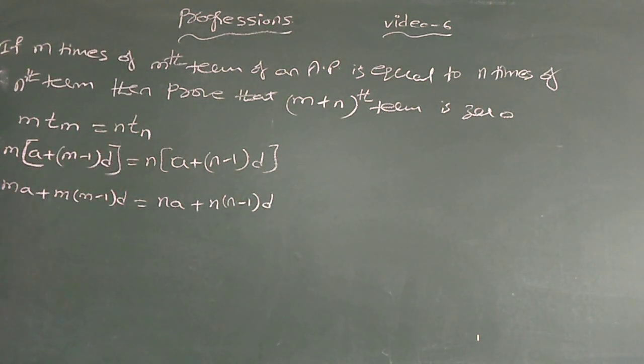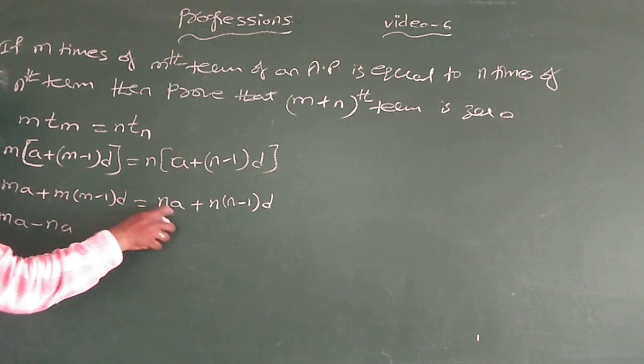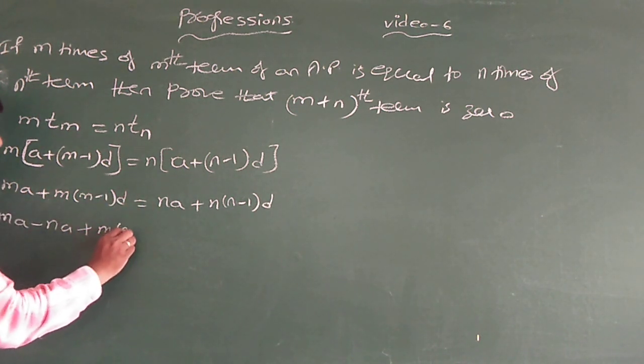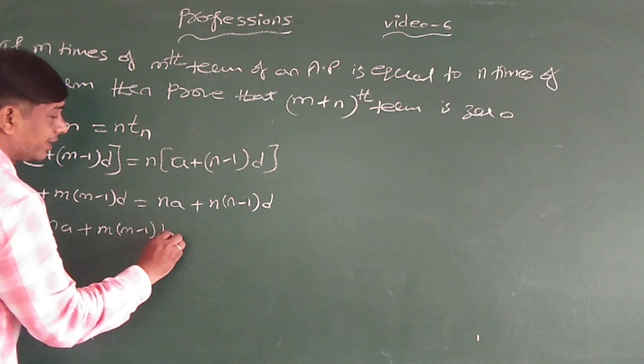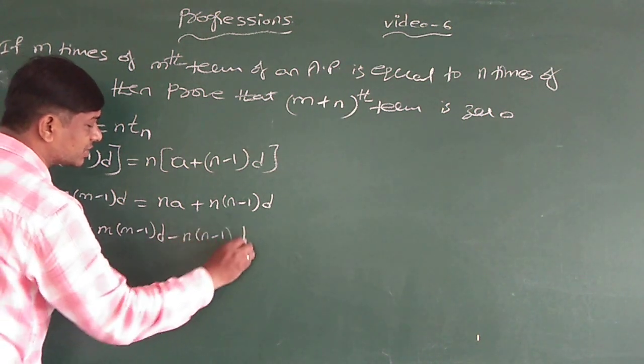Now take all the terms to the left side: ma minus na together, and m into (m minus 1) into d minus n into (n minus 1) into d.